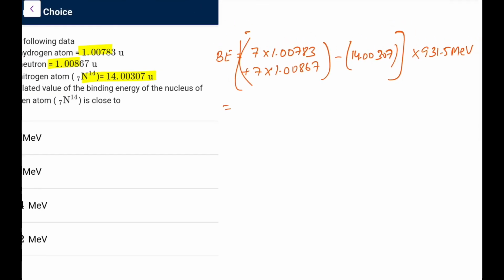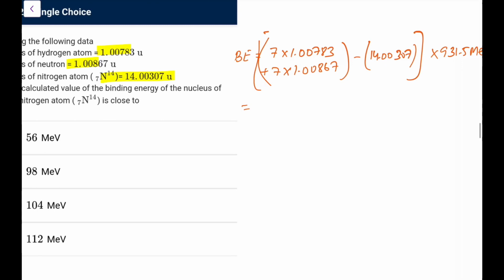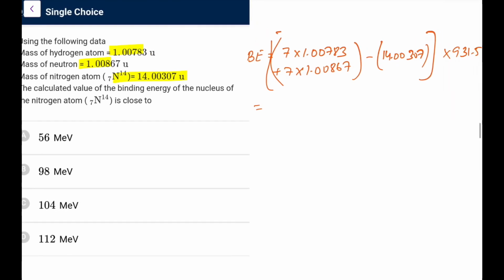So now first of all do the calculations. 7 3s are 21, 7 8s are 56, 7 5s are 35, 7 7s are 49, and so on, giving 7.05481, minus 14.00307.